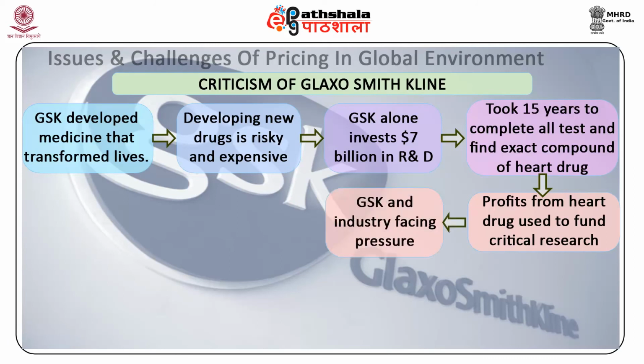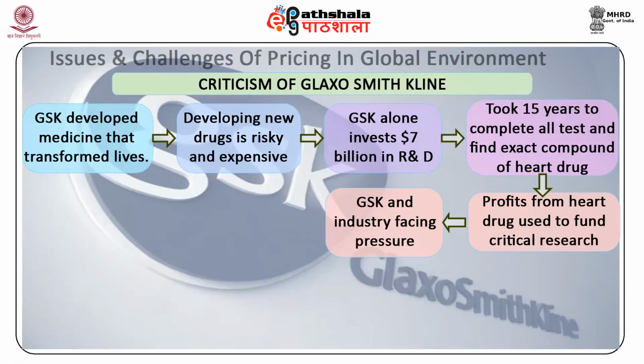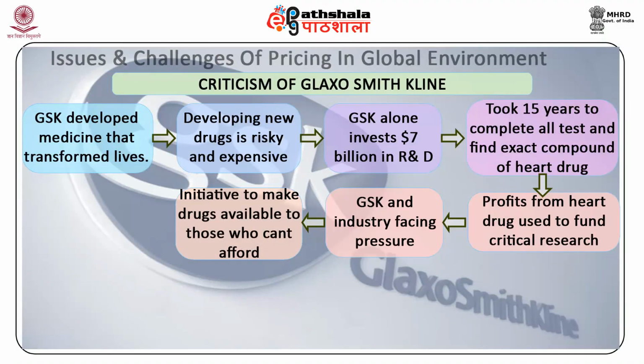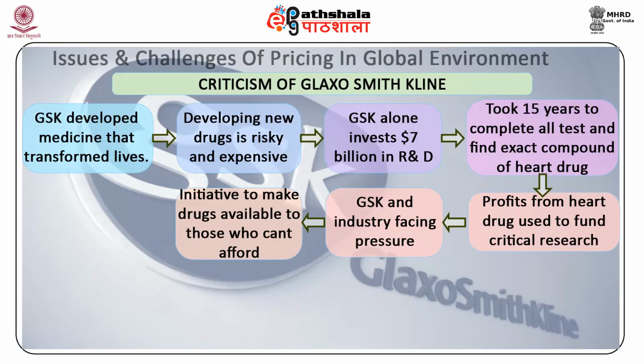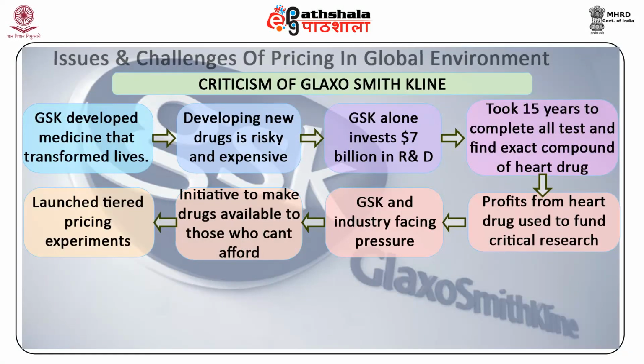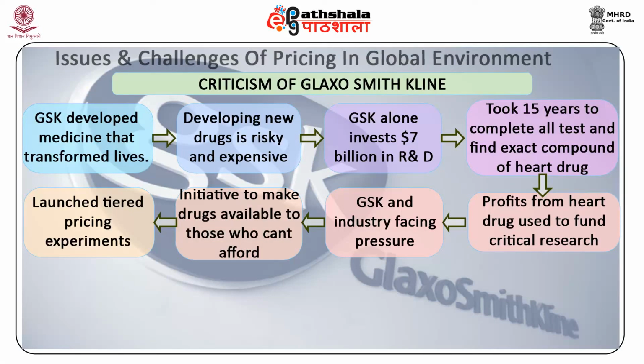GSK and the industry are facing pressure from all sides. It has undertaken several initiatives to make drugs available to those who need but cannot afford them. The company recently launched tiered pricing experiments in the developing world, selling its medicines to patients at different prices linked to their ability to pay.